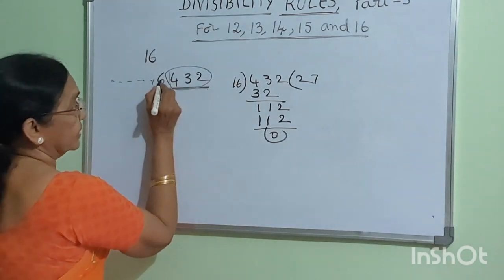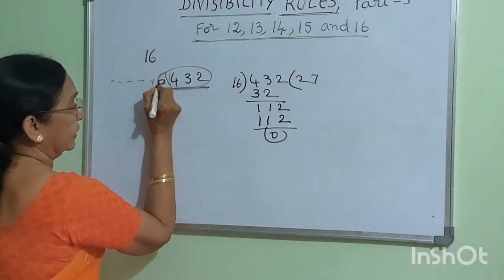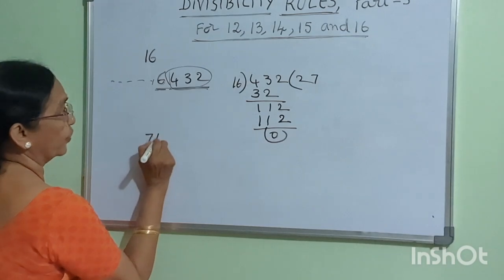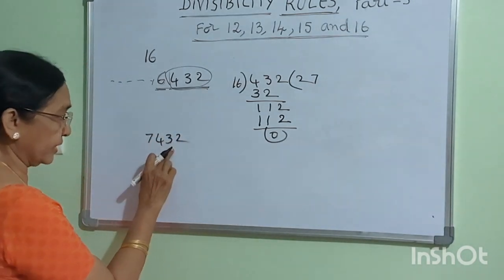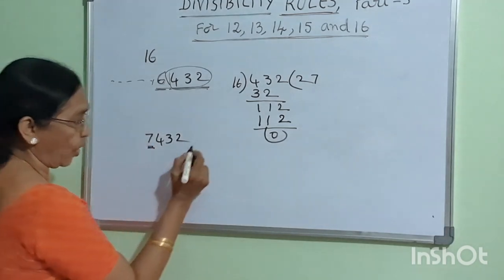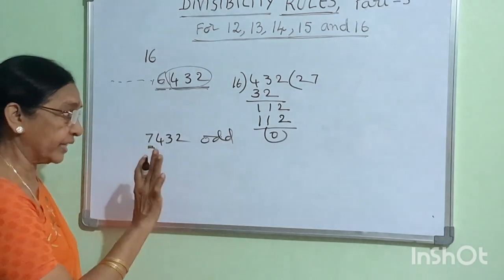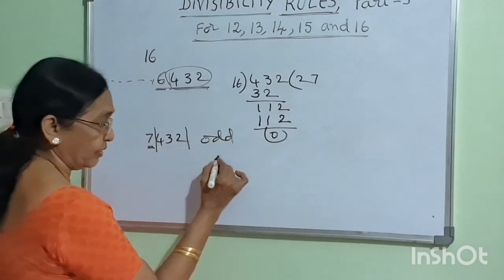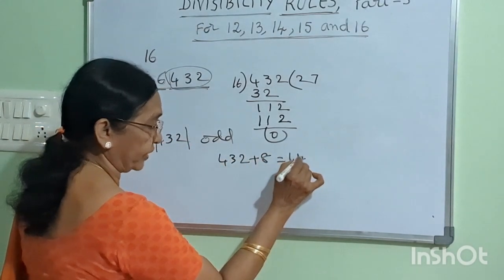If this thousands place digit is odd, suppose there is 7432. Here in the thousands place 7 is there, it is an odd number. The digit in the thousands place is odd. Then we have to add 8 to these 3 numbers: 432, add 8, then we get 440.